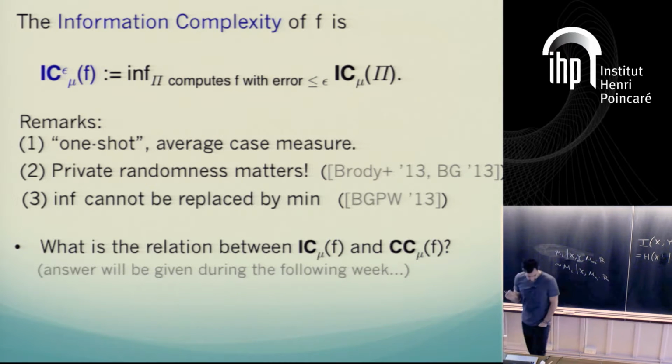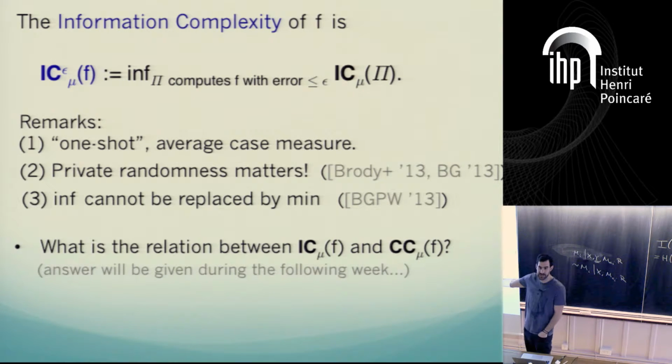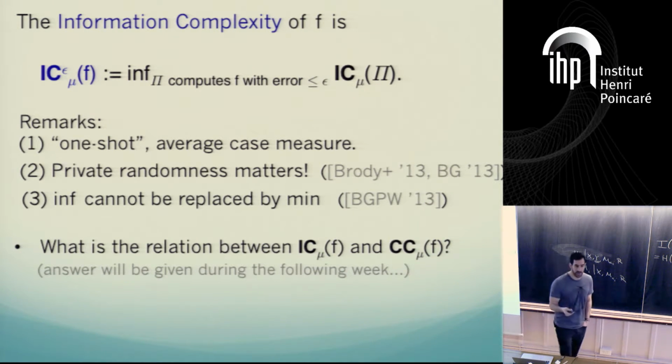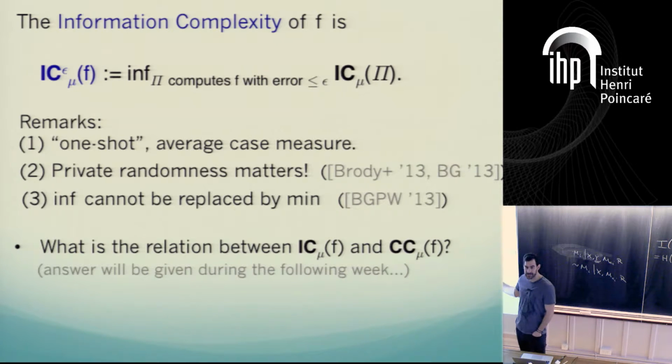Now the natural question we'll be interested in is, what is the relationship between these two complexity measures, the information cost and the communication cost of a function f? We'll try to answer this question over the next couple of days. Just to give you a spoiler, the bottom line is that the question is still quite open.